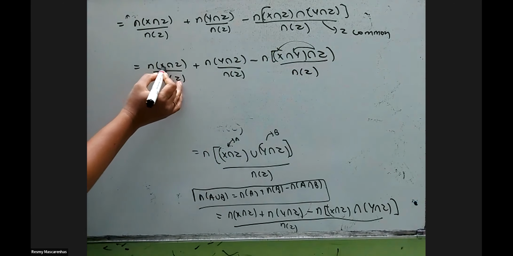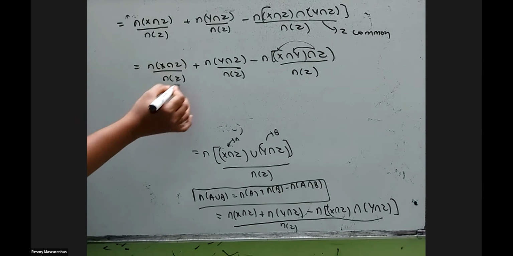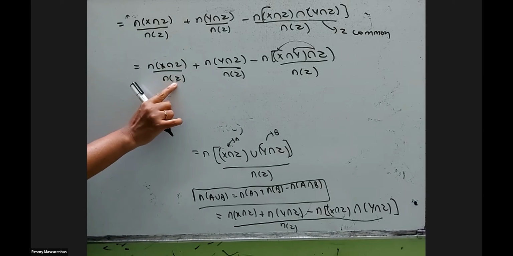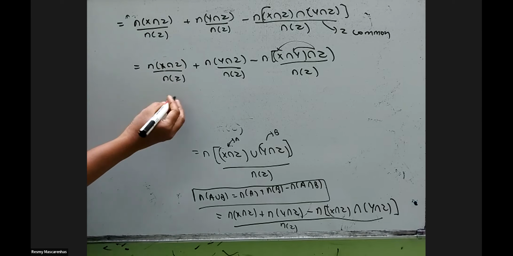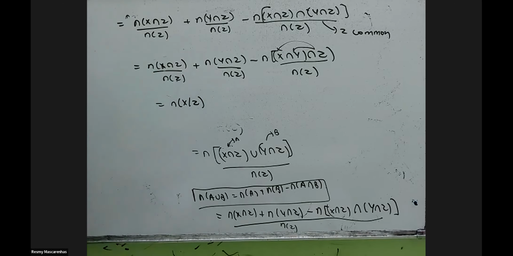Now if you see, it's nothing but A intersection B upon B. This is the formula of conditional probability only. P of X intersection Z upon P of Z is nothing but X upon Z. Just apply this formula back and you'll get back the same answer.